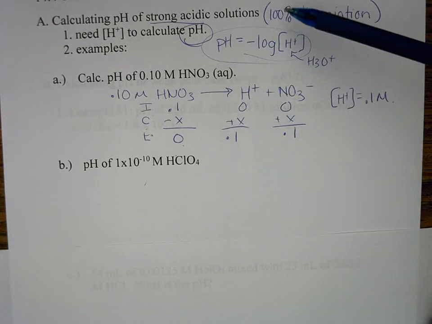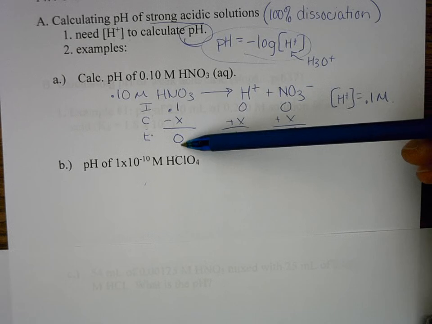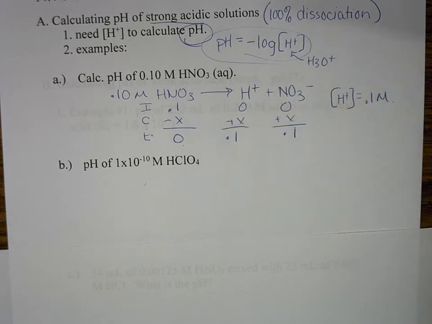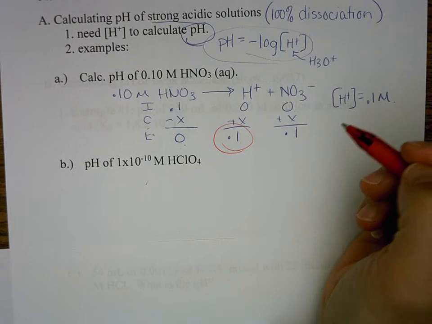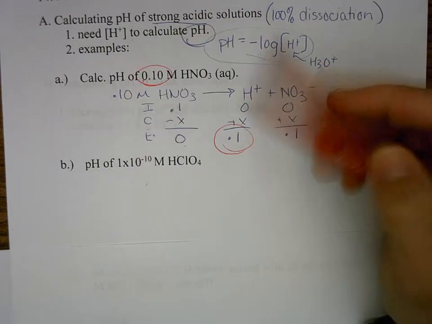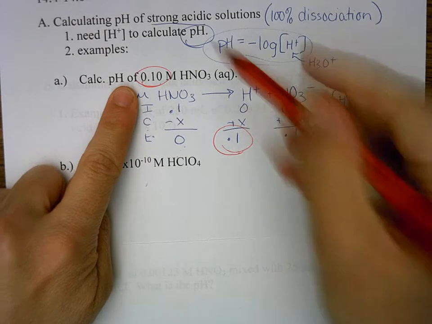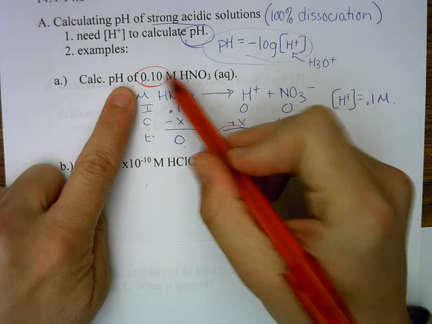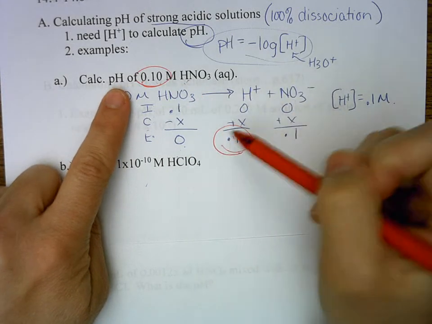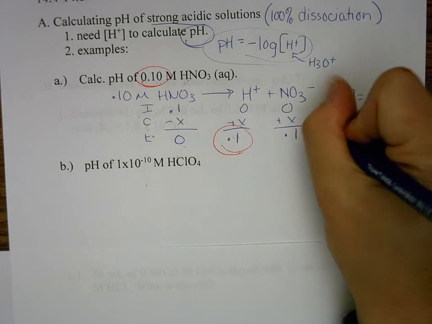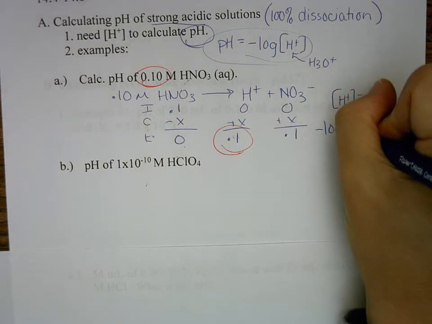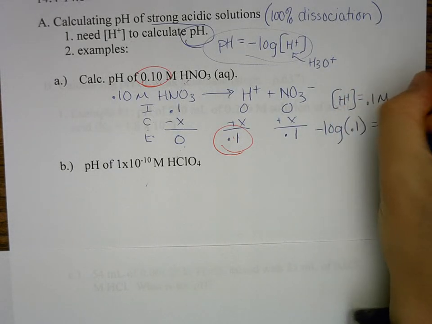You have to recognize that since it's a strong acid, you end up with 0 of this left at the end, and all of it turns into hydrogen and nitrate ions. This is your concentration. It's the same as the concentration of the acid is. So as long as you only have one hydrogen, it's always going to be the same number if it's a strong acid. So then you can just negative log that number, and it gives you the pH.